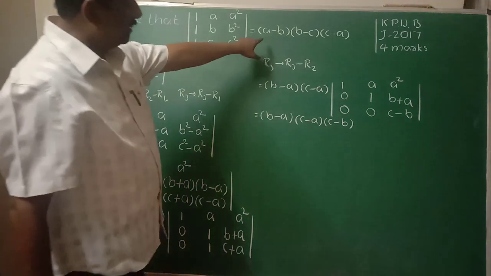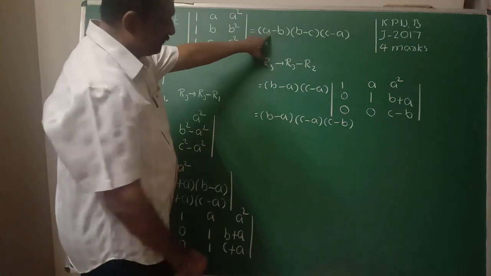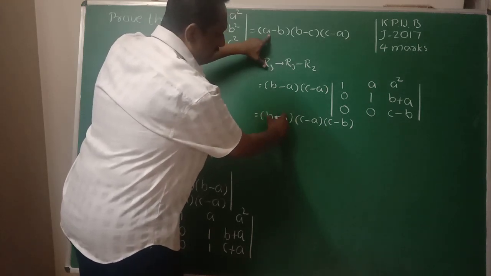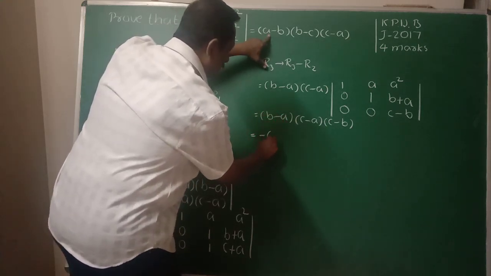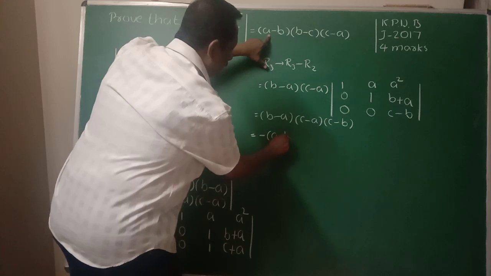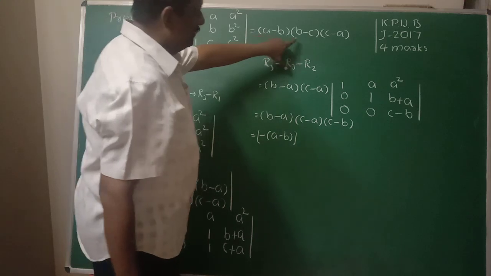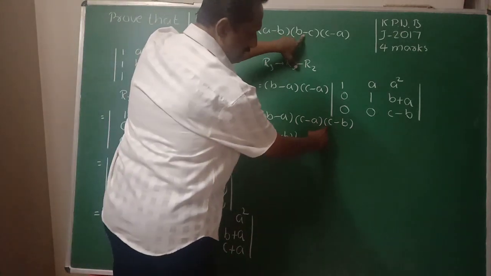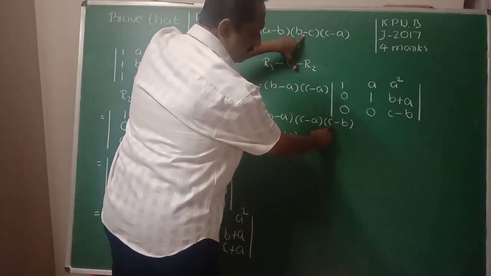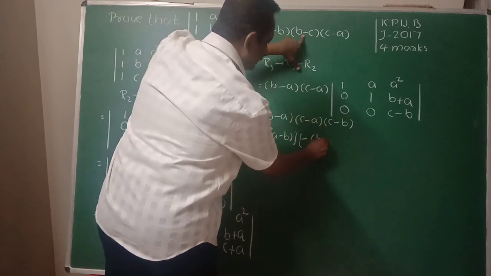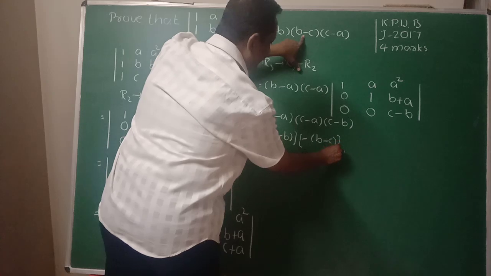But observe, here a minus b is required and here we have b minus a. So take minus common from this bracket, and it can be written as a minus b. Next b minus c, here c minus b is there, take minus common, hence b minus c.